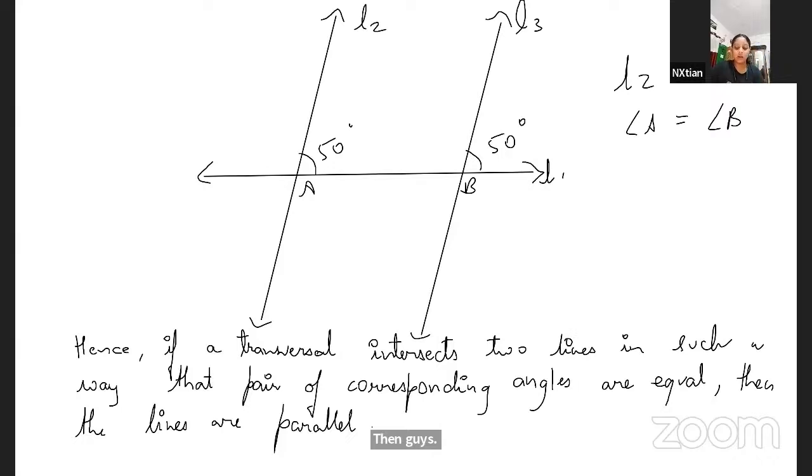Next, we will see how to prove the alternate angles. Again, we'll construct a diagram. You can write down the steps or you can follow. And if you do not have the set square or the instruments right now, just note it and make the diagram. Afterwards, when you get the instruments, you can measure it out.